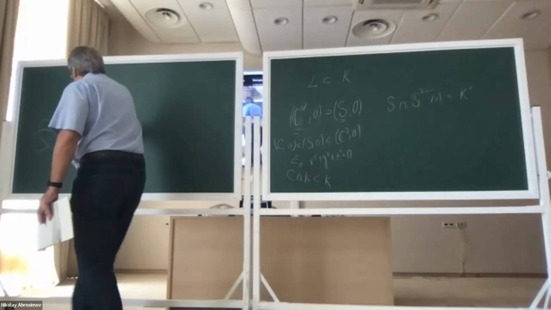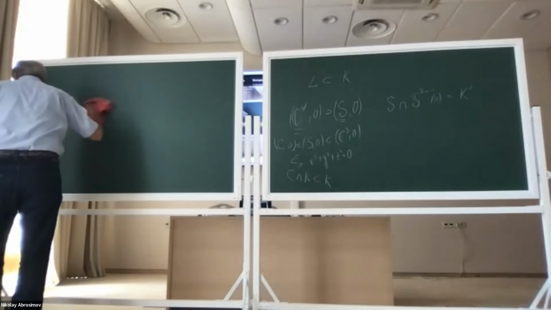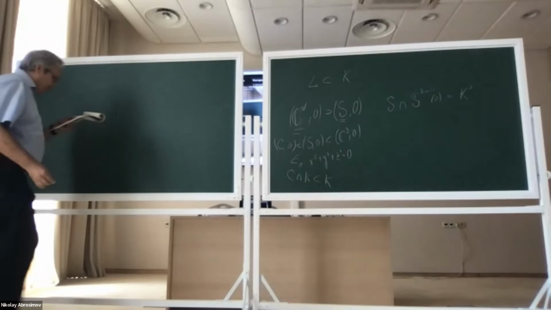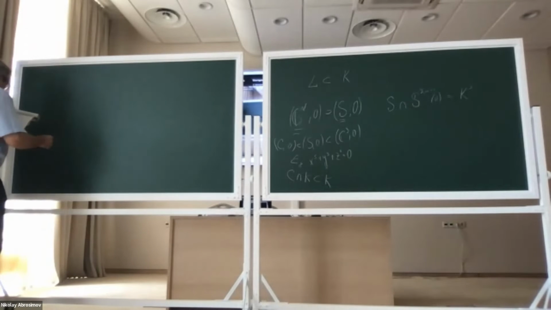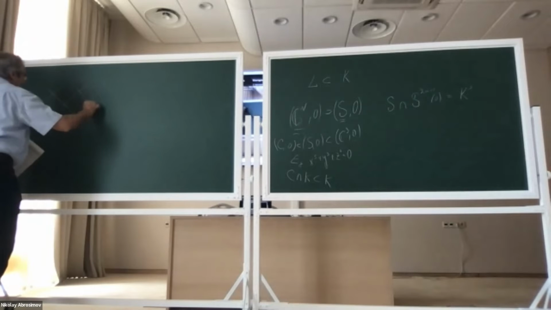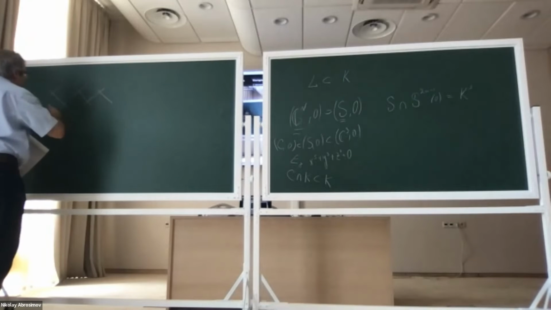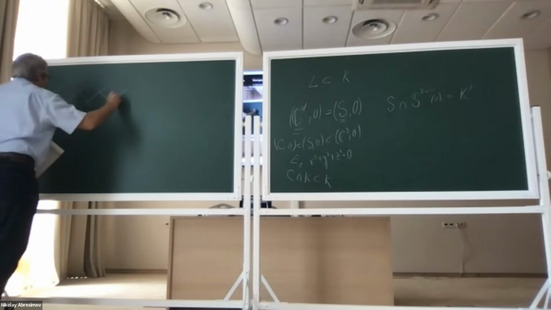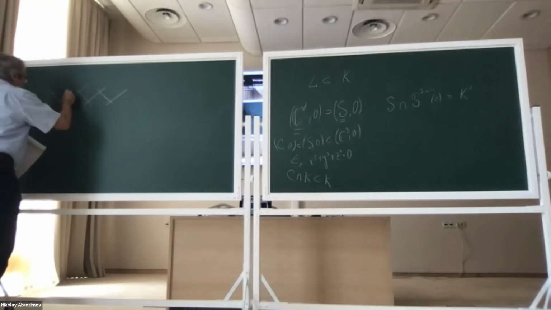It consists of some letters. I'll draw it, but in fact it is more pleasant to draw another picture, the dual one. It consists of 8 exceptional components of the exceptional divisor: 1, 2, 3, 4, 5, 6, 7, 8.